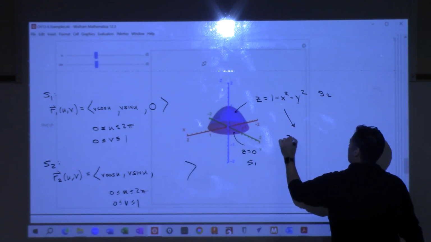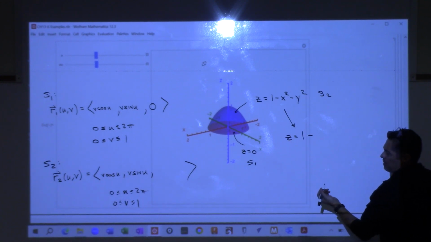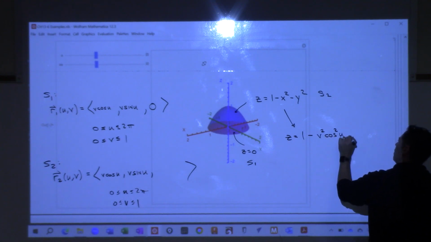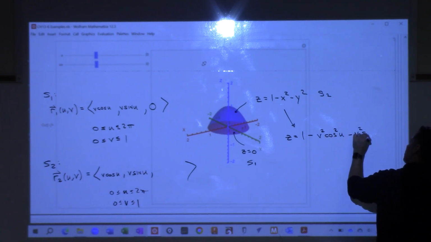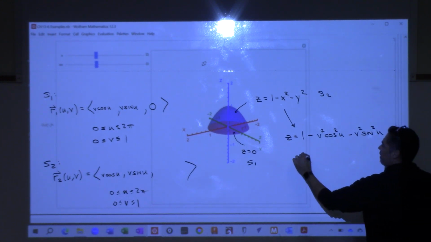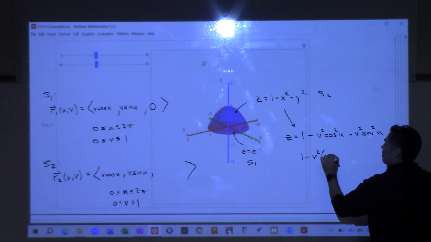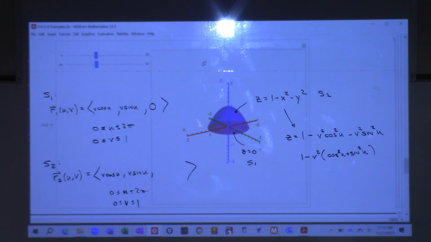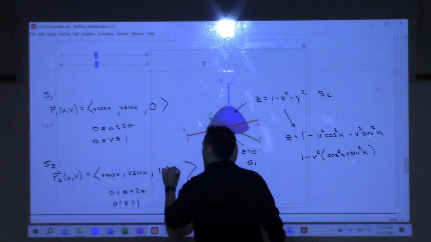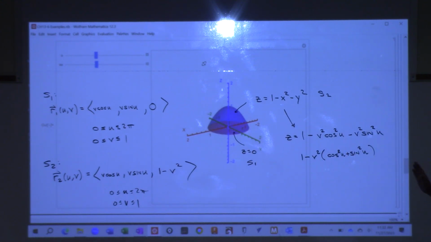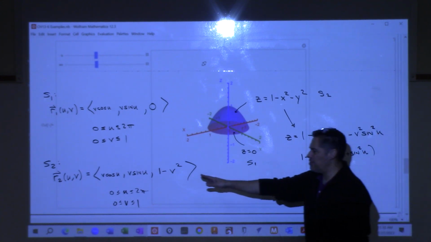This would become Z is equal to 1 minus V squared cosine squared U minus V squared sine squared U. And you could factor out a negative V squared, and then you get cosine squared U plus sine squared U, which is just 1, so you get 1 minus V squared. There it is. Now you could have just written this whole thing in there, but that's just cleaner.